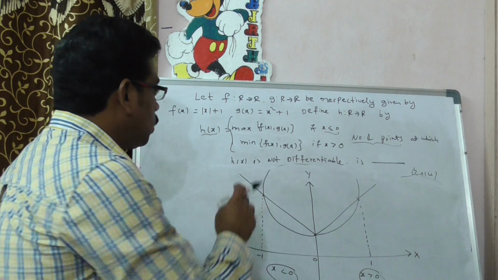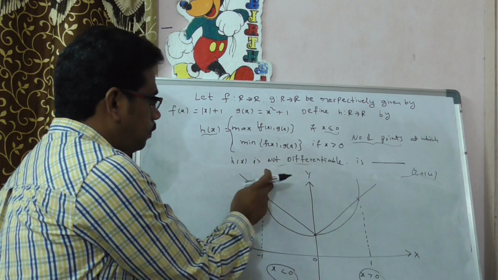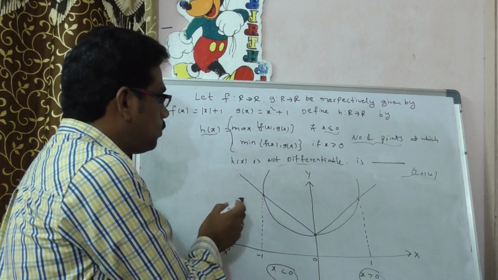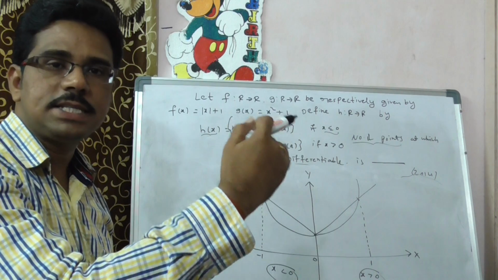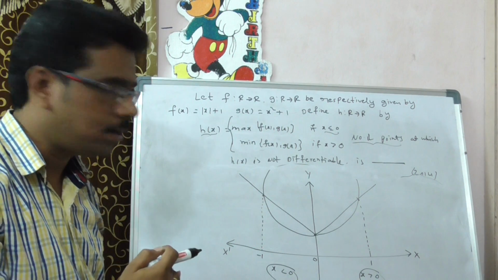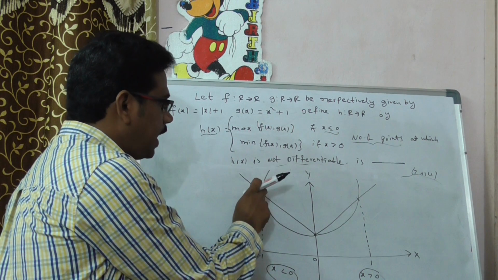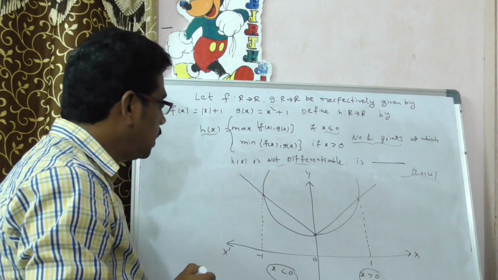To find the maximum value, for example, if you observe the first part, in these 2 lines the upper line gives the maximum value.